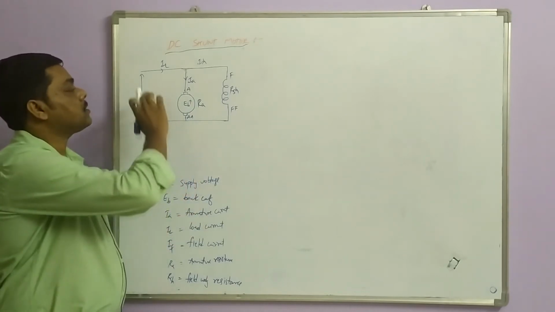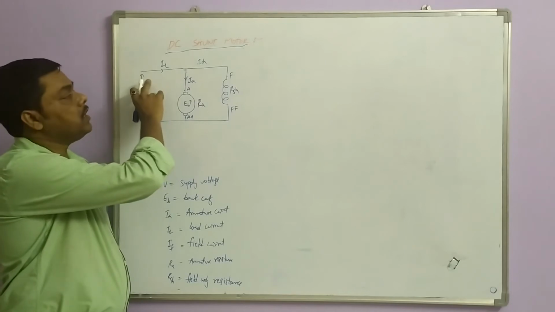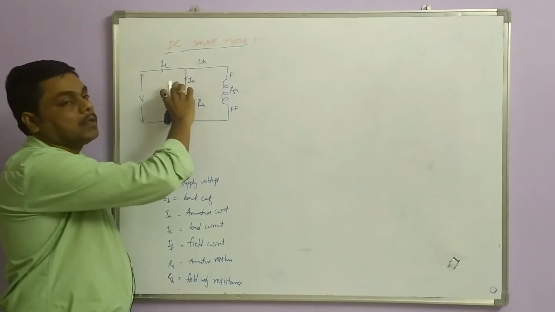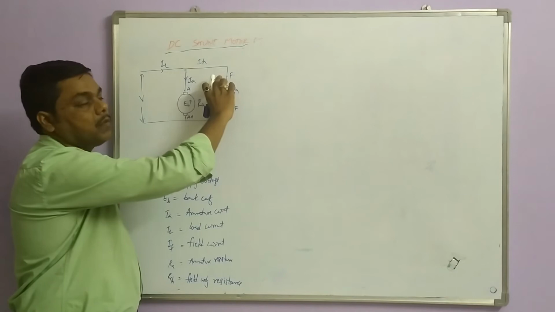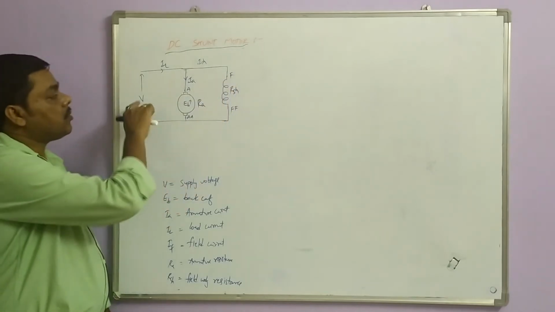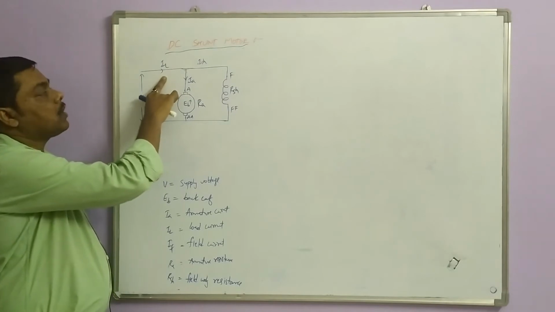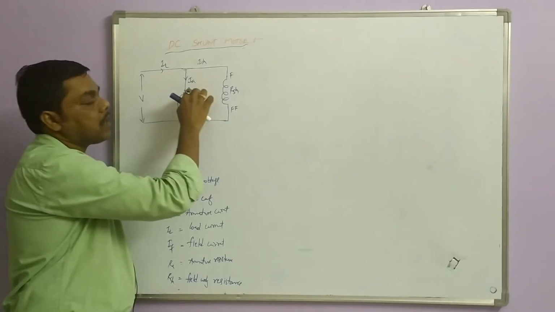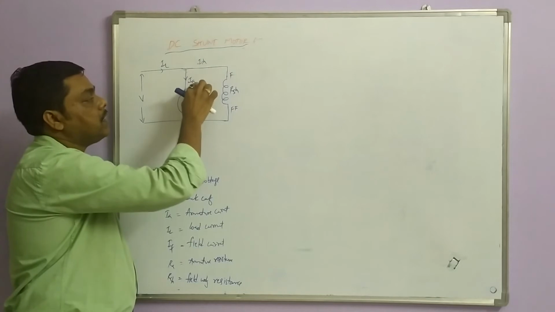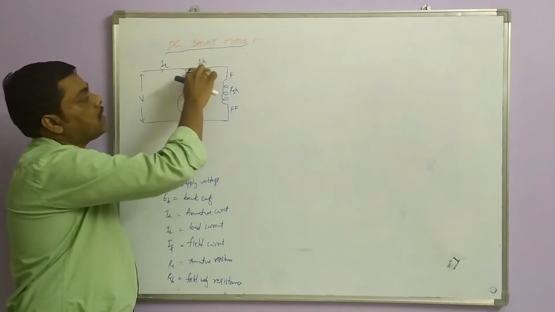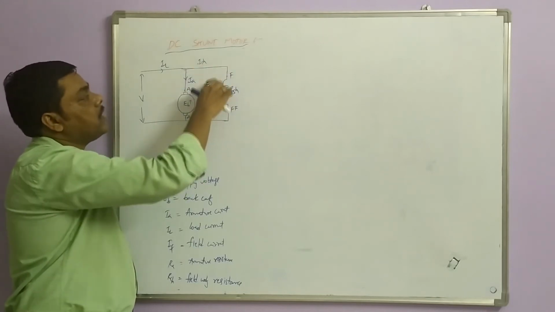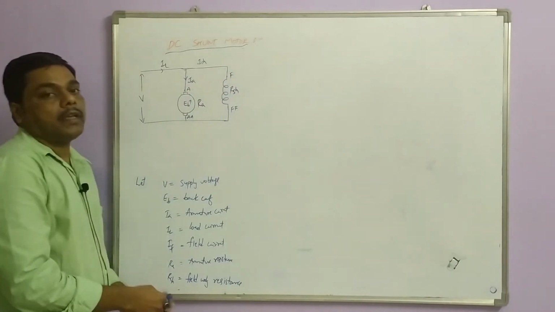You can see here the supply voltage V is connected across the armature as well as the field winding. The current coming from the supply is IL, which is the load current, the current entering the armature is IA, and the current entering the shunt field winding is ISH.